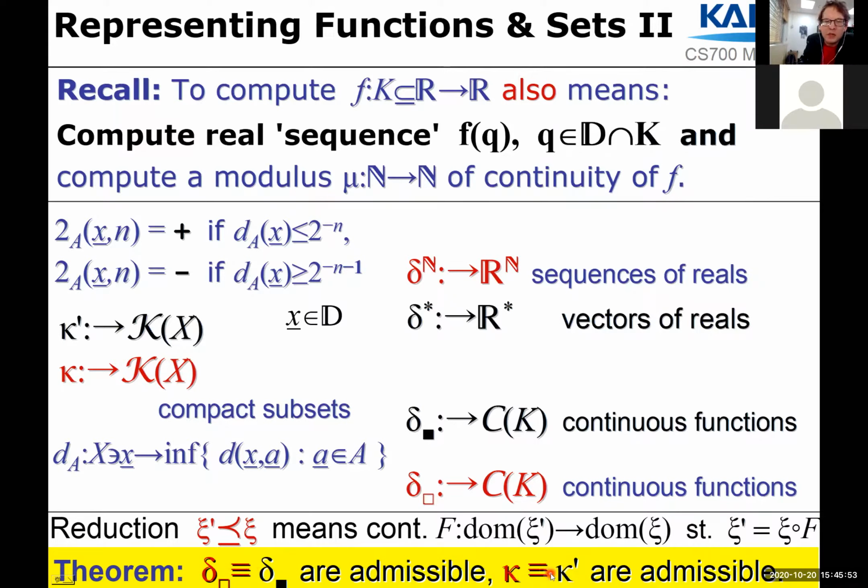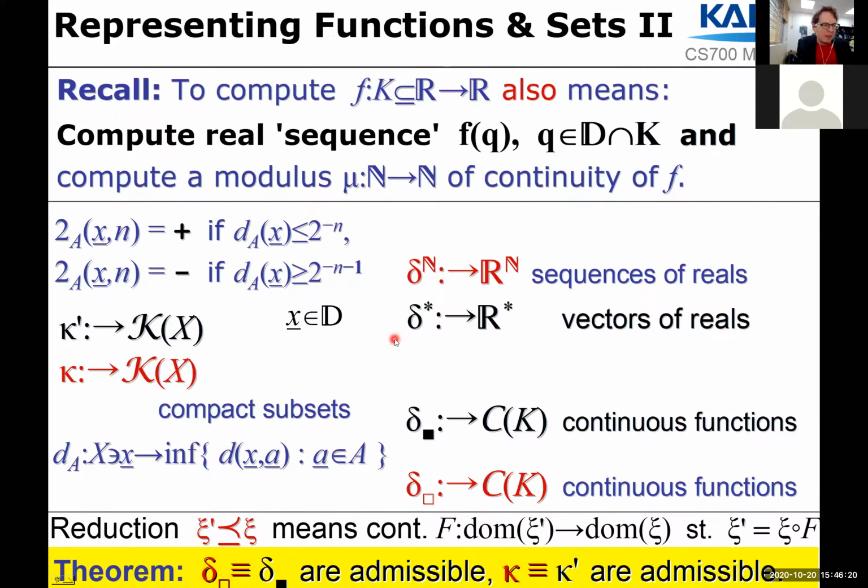And similarly for the two representations of compact subsets, they are also equivalent and they are all admissible. This one admissible with respect to the Hausdorff topology on the space of compact subsets, and this one admissible with respect to the uniform topology or the metric on the space of continuous functions on this compact set.